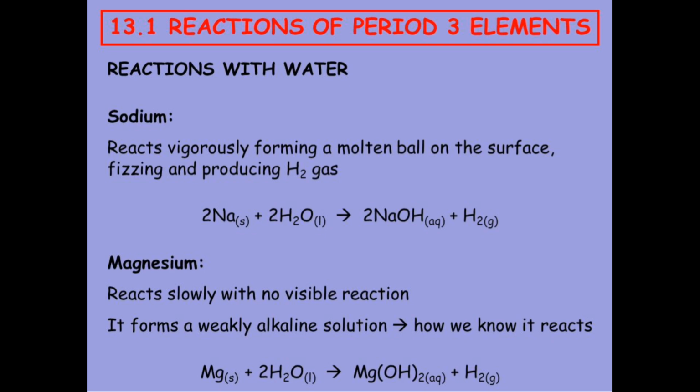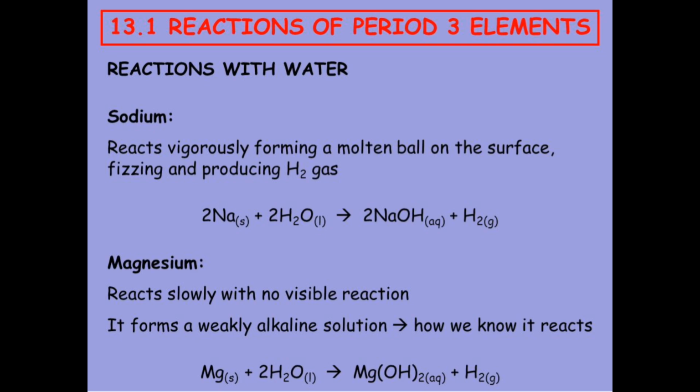Okay, so let's look at when sodium reacts with water. It reacts vigorously to produce sodium hydroxide and hydrogen. Potassium will do the same. And then of course the same with magnesium.